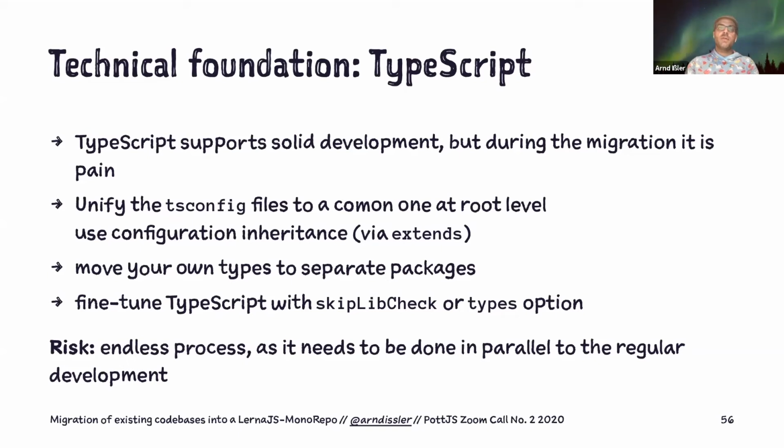The TypeScript configuration: get used to the types option in the configuration file, or skipLibCheck, and all this, because this is costing a lot of time. TypeScript is shipped with easy settings when you're using it out of the box in your project.